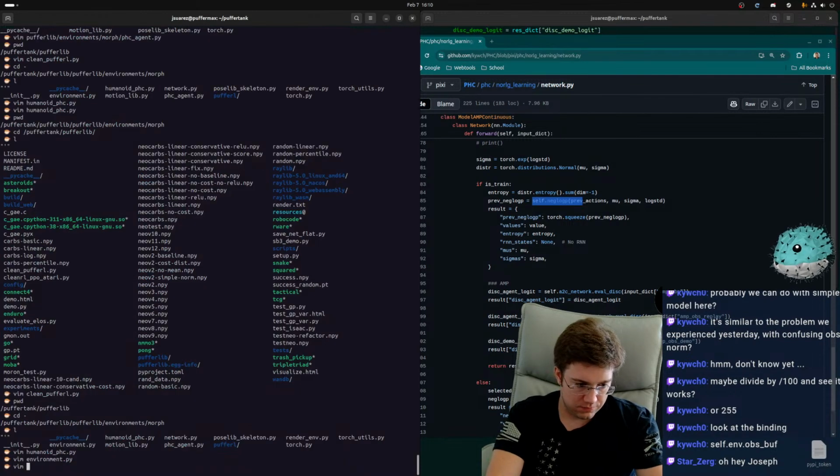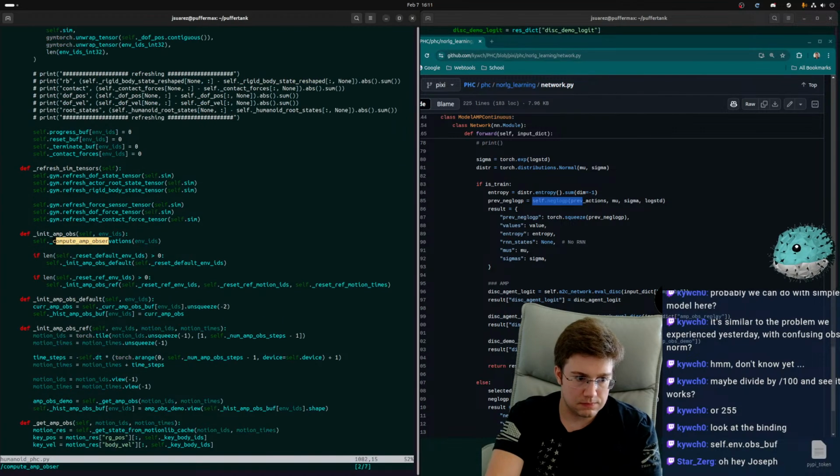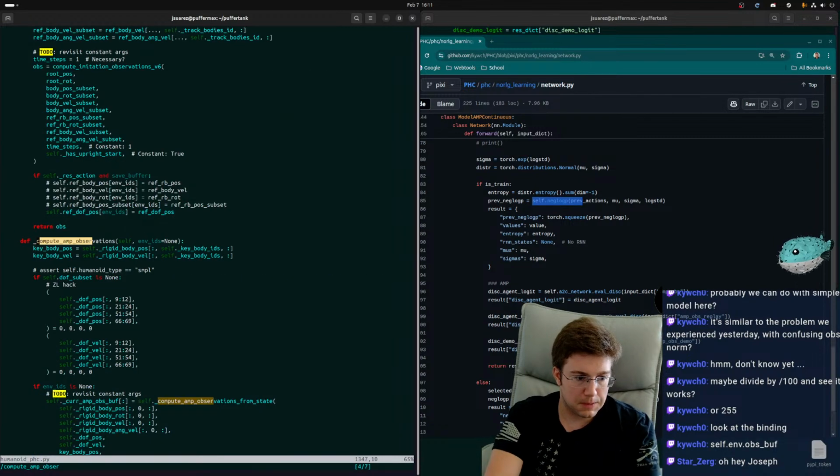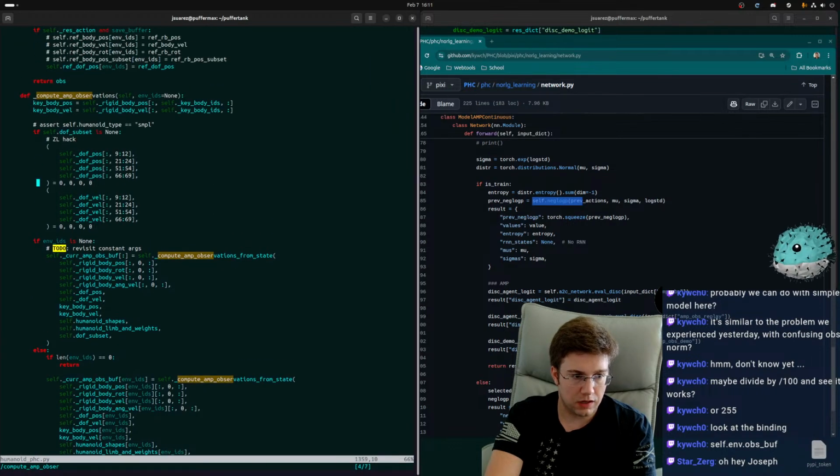Wrong file. Per AMP obs buff. And this isn't here.